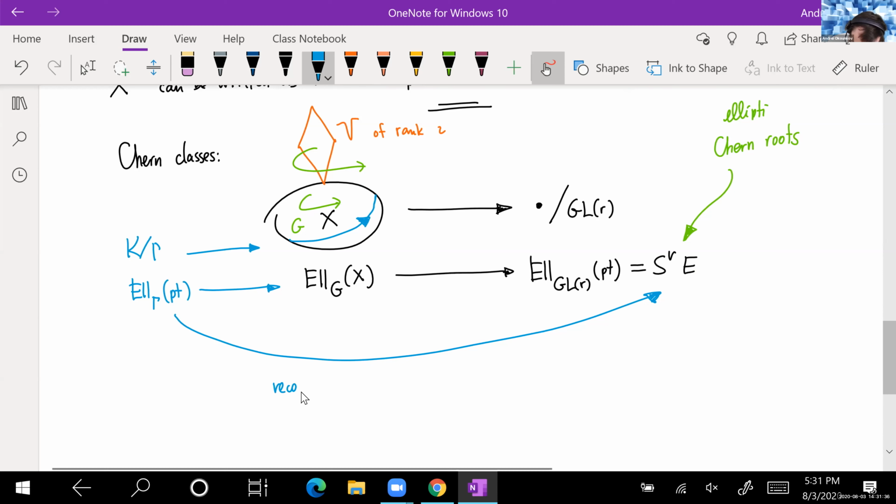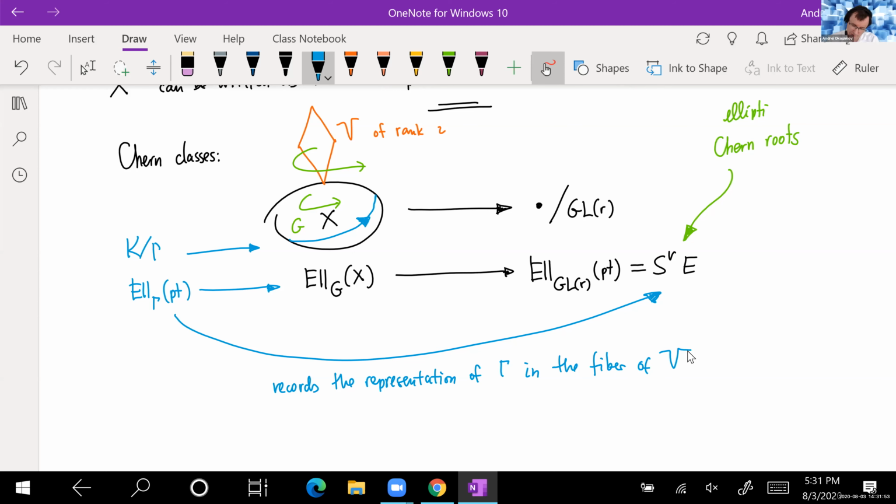This records the representation of gamma in the fiber of V. Gamma is a stabilizer here, gamma is going to fix a point, and therefore it will act in the fiber by some representation. This representation is recorded by, for example, if I have a torus, I will just record the eigenvalue.